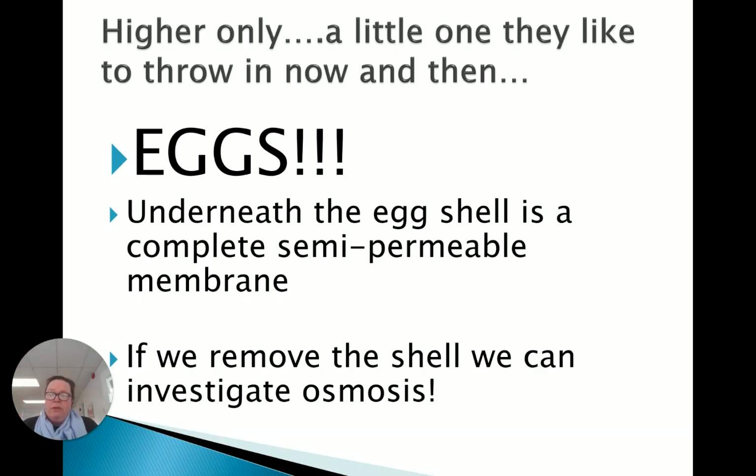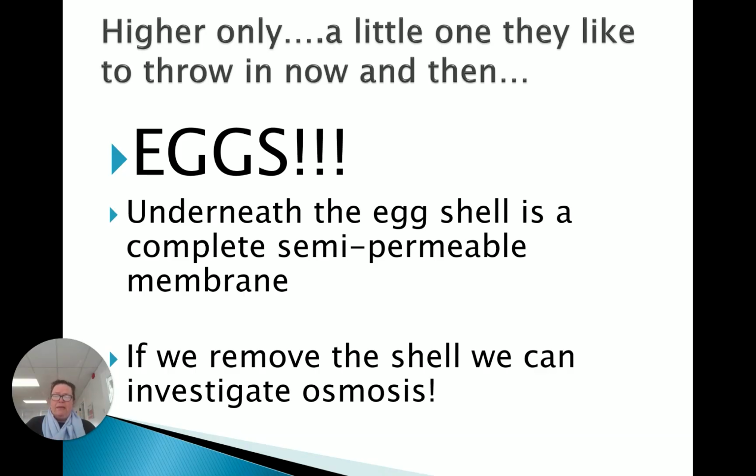Some experiments, you won't have to write this method, but you might have to read it and interpret it. Remove the shell of the egg and then use the whole egg instead of the potato tube. And water can move in and move out of that, just like it can a cell. Because if you ever hard-boiled an egg, you take the shell off, there's a lovely cell membrane around the outside. So just be aware of this one.